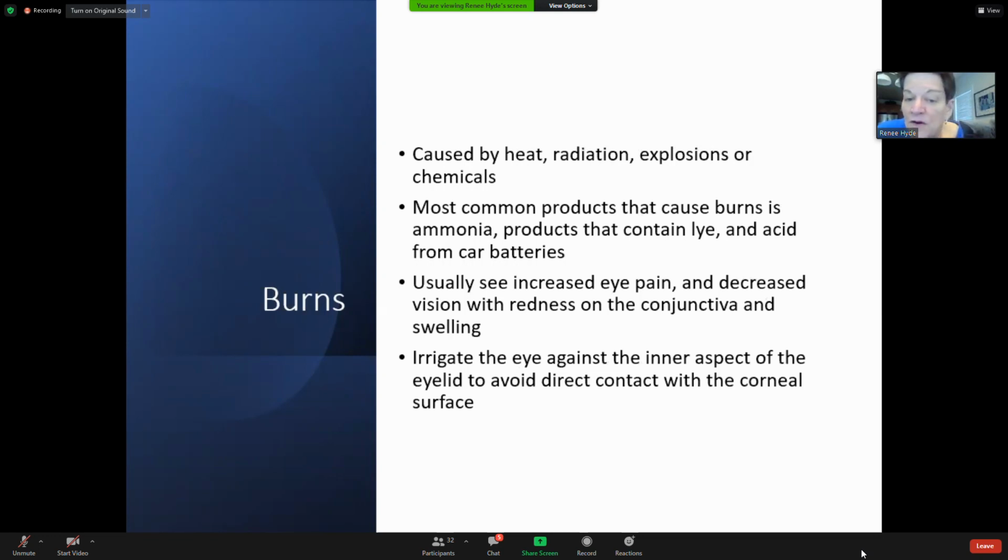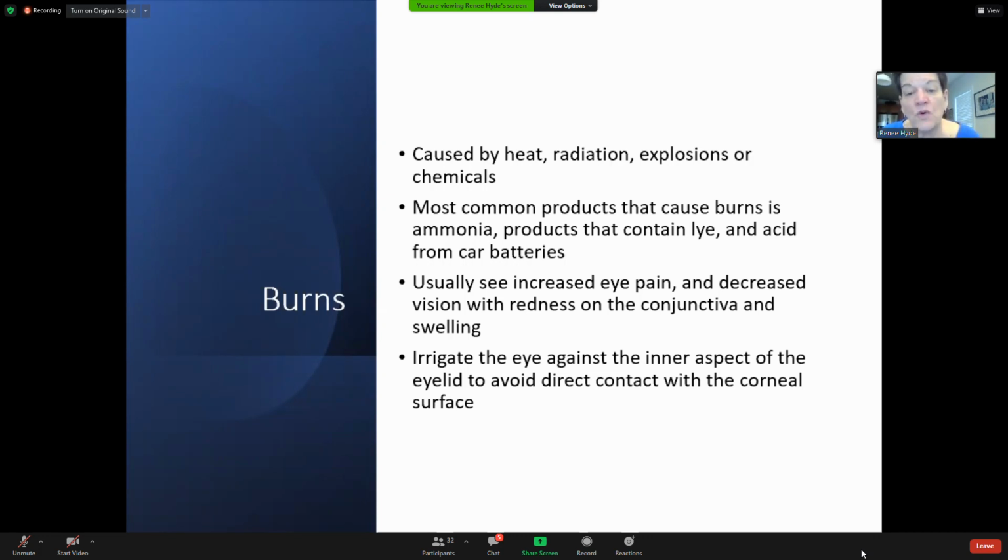So if I'm irrigating that right eye, I want that right side of the face down on the bed so that it drains away from the other eye.